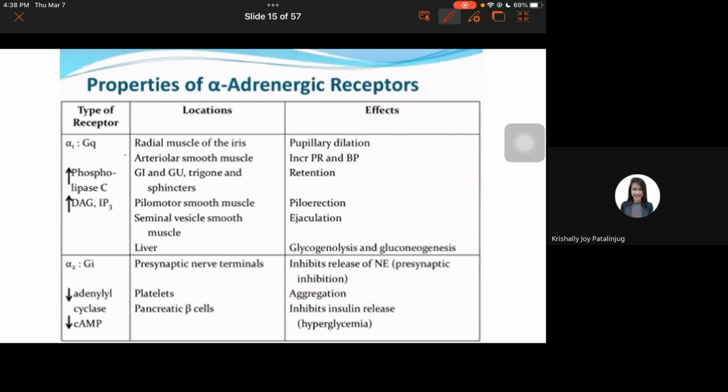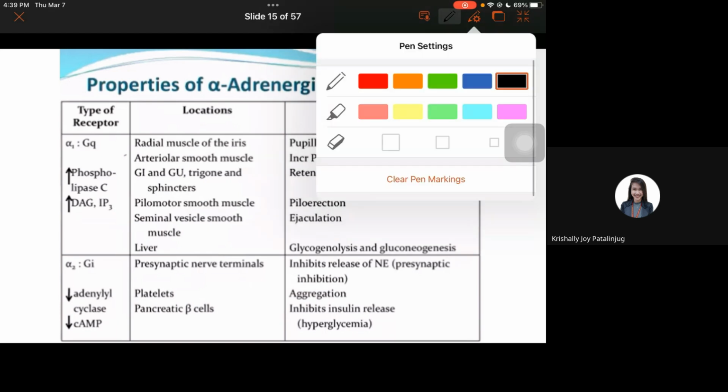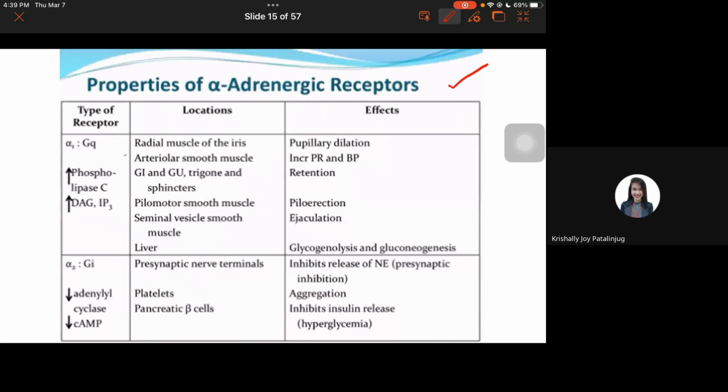Now for this table, I was able to introduce this already when we discuss about receptor activity, so yung receptor activation, receptor effects. Sige, let's run through. Although you have understand this already, di ba? Halimbawa, with regards to alpha 1, yung locations niya or yung mga effector organs sa katawan na may alpha 1, naalala yung radial smooth muscle, meron din sa sphincter ng urinary bladder, pilomotor, diba?